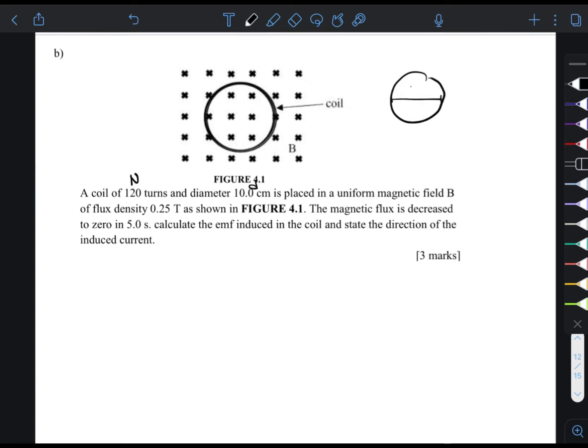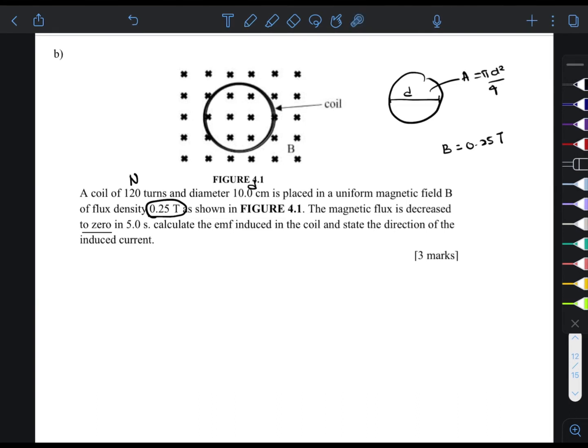Okay, when we have the diameter of the coil, from end to end here, you can actually deduce the area, which is pi r square or pi d square over 4. And also given to us is the magnetic flux density B of 0.25 Tesla. Then the magnetic flux is decreased to 0 in 5 seconds.